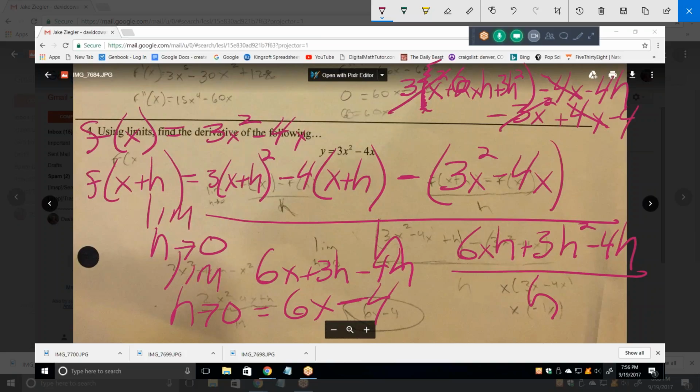I know because if I apply the power rule to that, it's 6x minus 4, right? So doing it this method has to give me the same answer. I must have just made a mistake by going too fast, but the answer comes out to 6x minus 4. That's using limits, find the derivative of the following. That's exactly what we did.